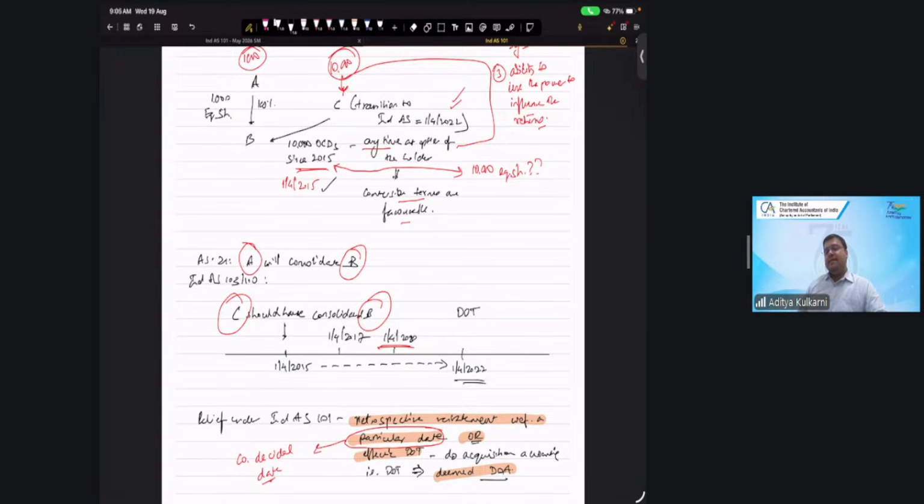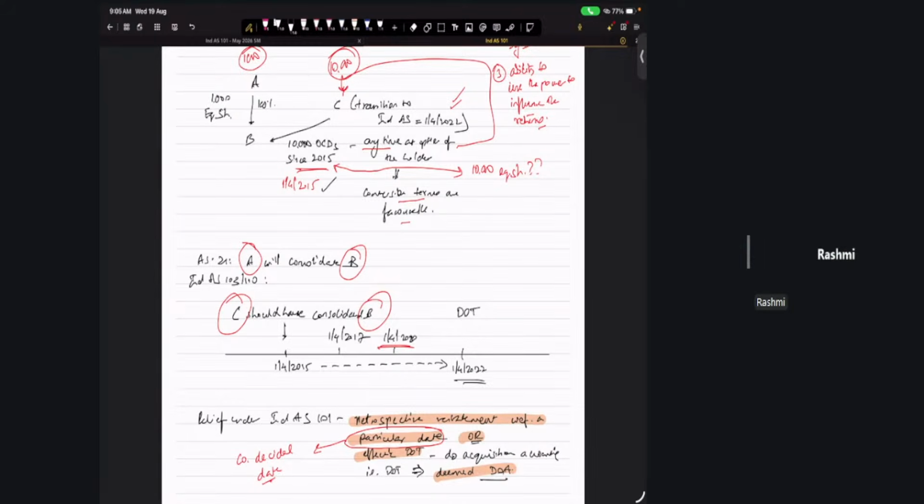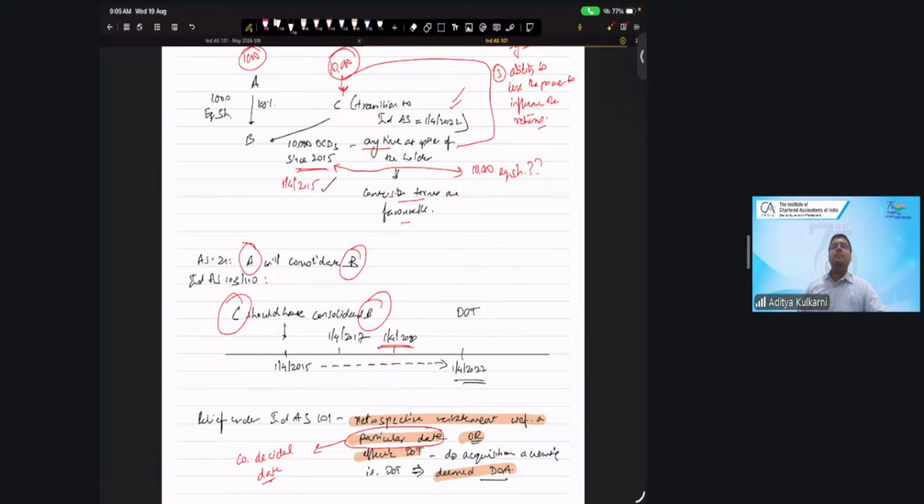Can I say that C has to follow Ind AS for standalone purpose and consolidation also? Yes, sir. Ind AS will be total now. It cannot be that I follow Ind AS for standalone and prepare consolidation as per AS21. You cannot say that, right? Yes or no?